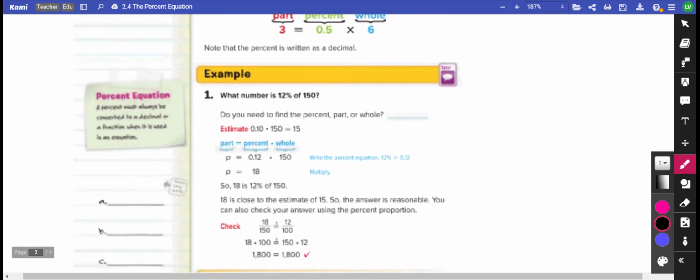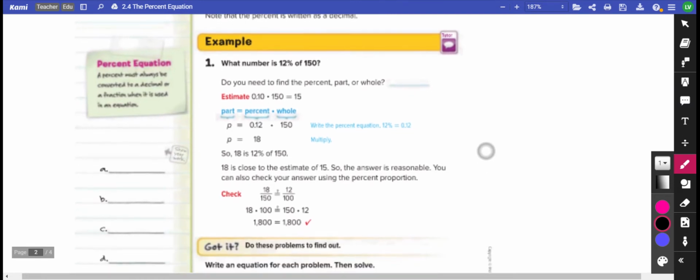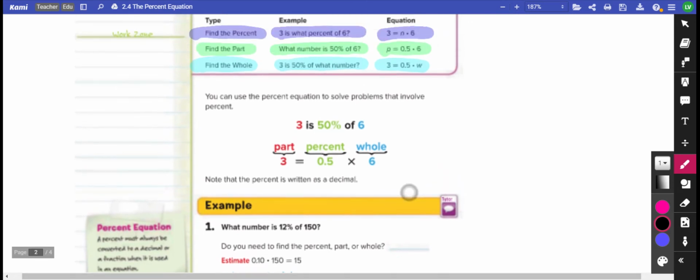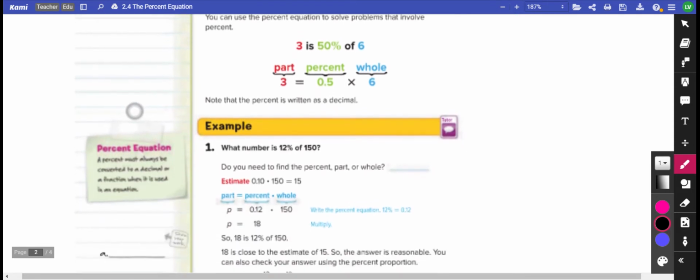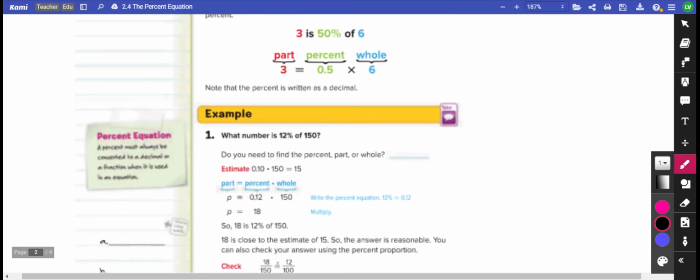So example 1. What number is 12% of 150? Well, if I go back to my equations up here, we're going to find the part because it's saying what number is. The is our part. Do you need to find the percent, part, or whole? So this one we are finding the part. So we're going to use our equation of P equals our percent times our whole.